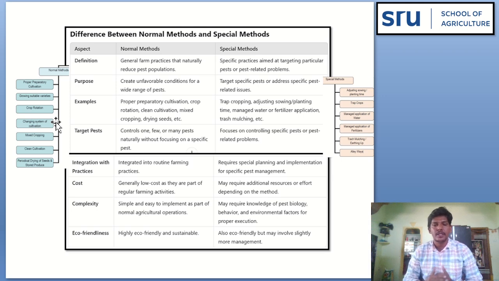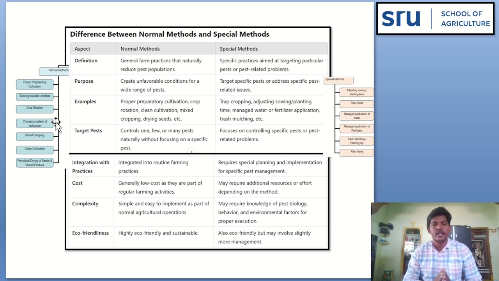This special method requires special planning and implementation techniques. They also require additional resources and effort for the pest management. Special method also requires knowledge of pest biology, behavior, and environmental factors for proper execution.